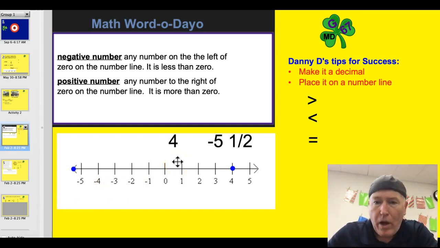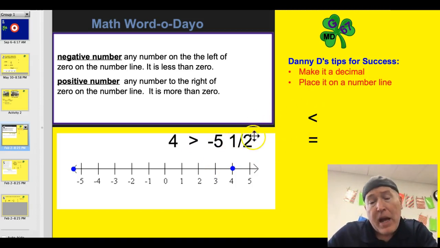Which one is greater? This one is furthest to the right. The farther you go to the right, the larger the number. So 4 is greater than negative 5.5. I didn't even need to convert that to a decimal, but it's a good idea when things get hairy or close and you need to convert it.